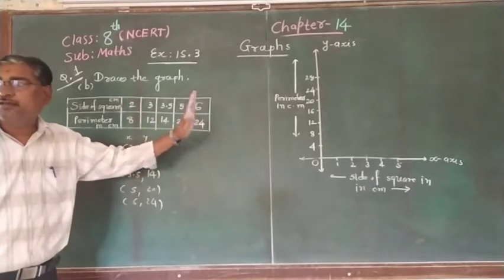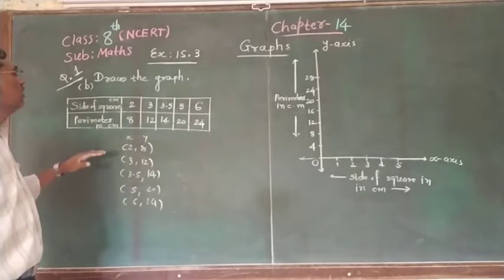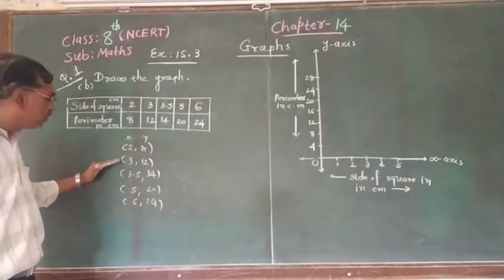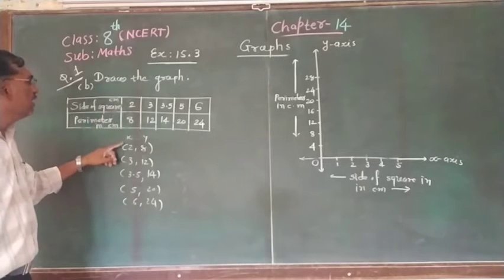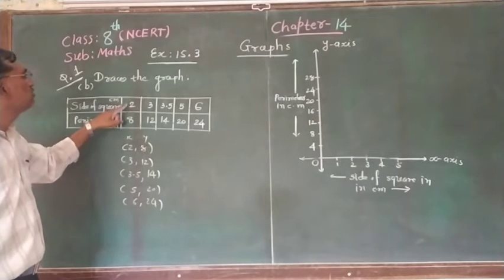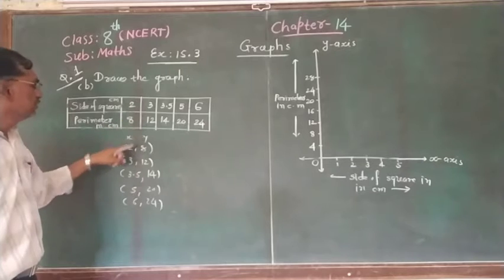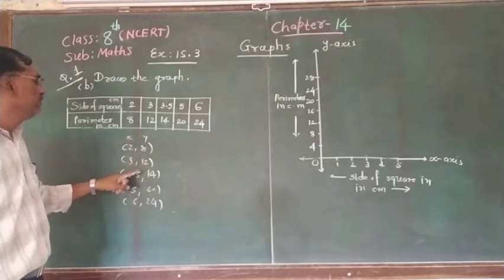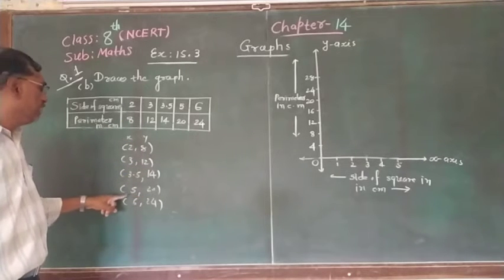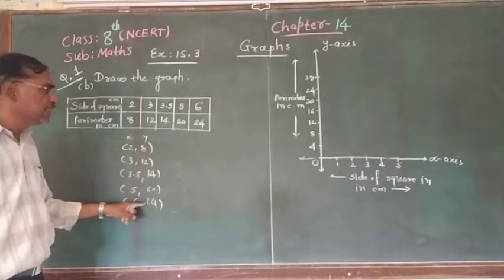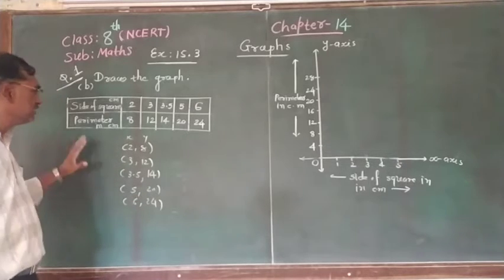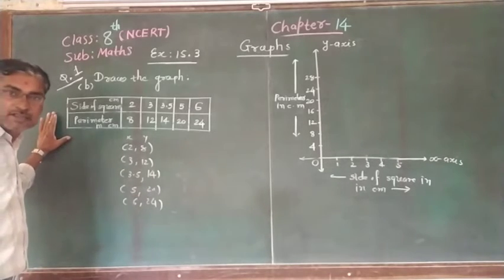You can understand all the following. So we can make ordered pairs x and y: 2, 8; 3, 12; 3.5, 14; 5, 20; and 6, 24. Okay, this is the given question.